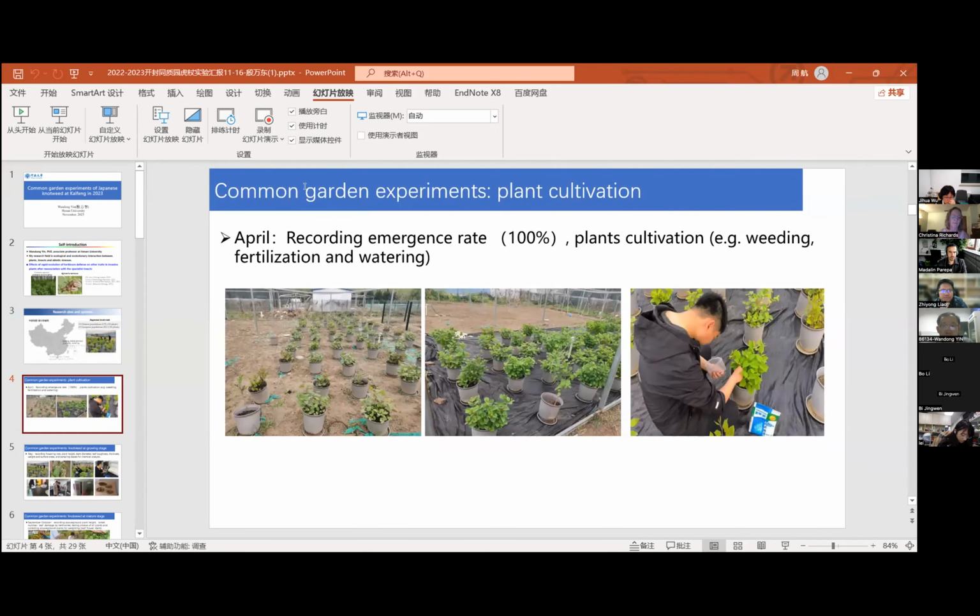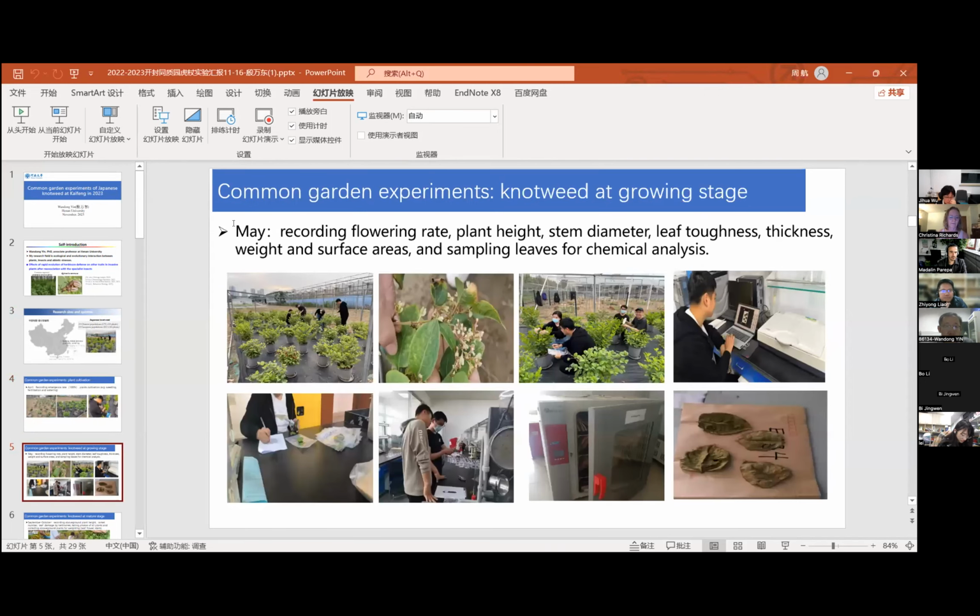This year's Common Garden experiments: in April, we cultivated the plants, and in May, we recorded flowering rate, plant height, stem diameter, leaf toughness, leaf surface area, and sampled leaves for chemical analysis.